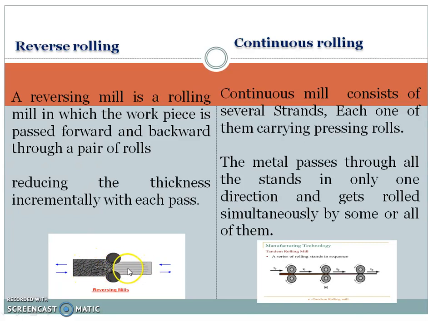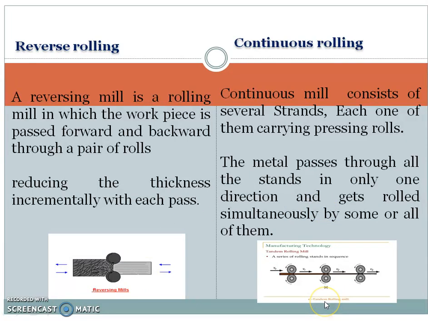Each time the thickness will reduce, and at the same time they maintain the gap. You can adjust the difference between these rolls with the help of some other techniques. This is about reverse rolling.